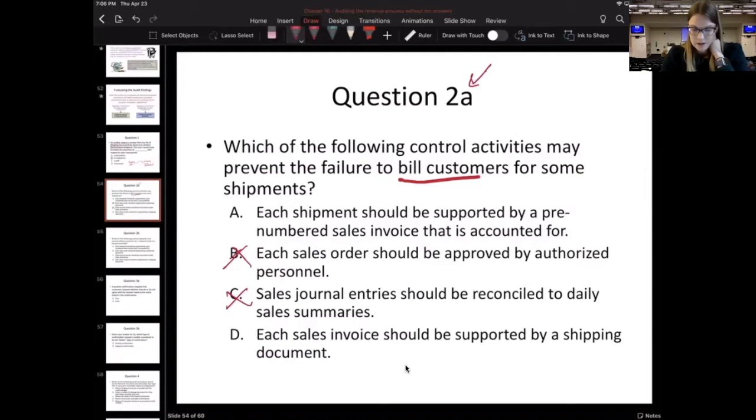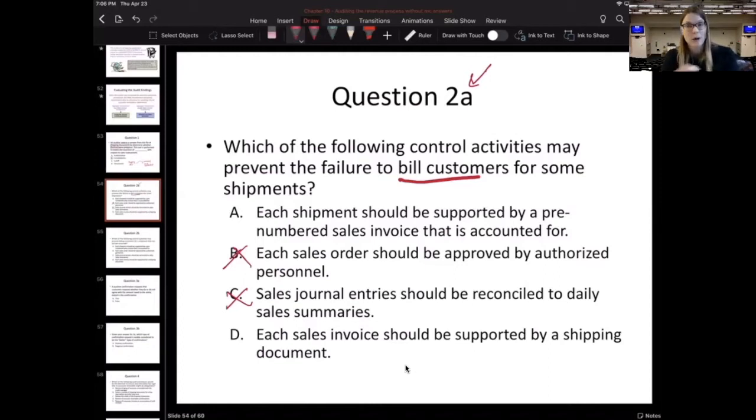The shipment being supported by a sales invoice will make sure that I don't fail to bill customers for a shipment, because by the time I am shipping something, I already know, hey, I have the invoice ready. This is the invoice that I'm going to send out. I have that ready as I am shipping, right? D, each sales invoice should be supported by a shipping doc. That will ensure that I don't bill somebody for something that I have not shipped.